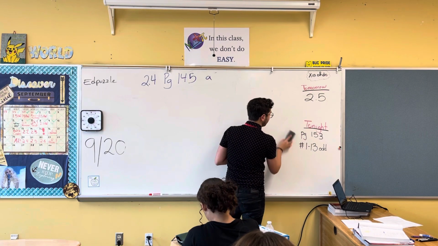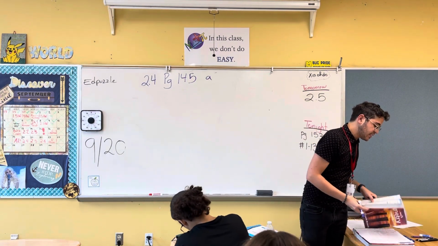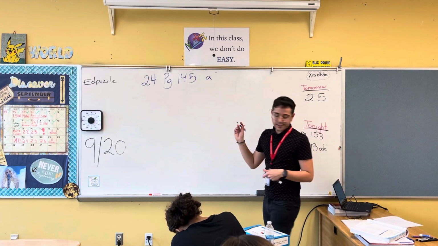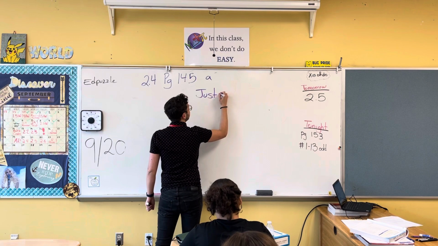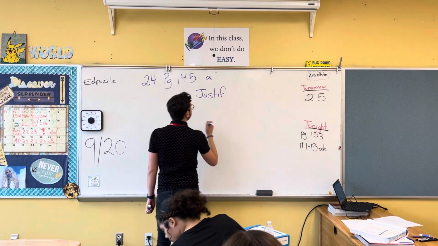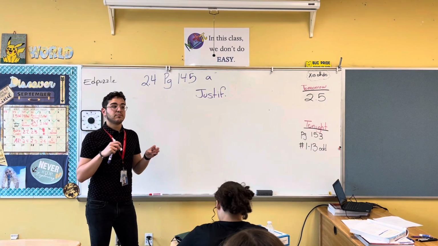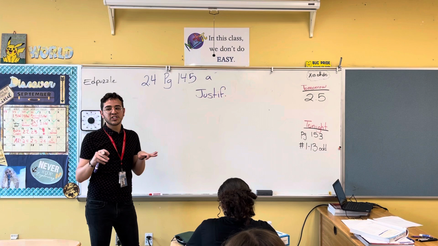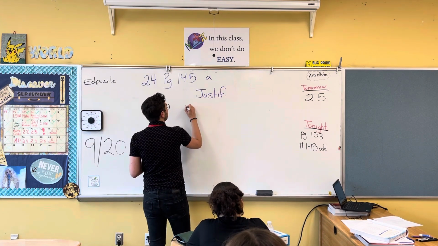Now on page 145, they give you an algebraic expression and then they give you the justification. I'm going to focus only on the justification because I don't want to copy the whole thing. The first thing underneath the justification, this is how much explaining we have to do: they literally explained the fact that they wrote the given expression.